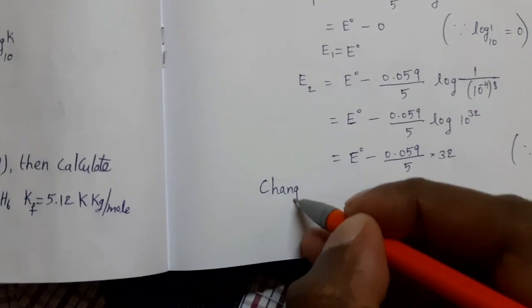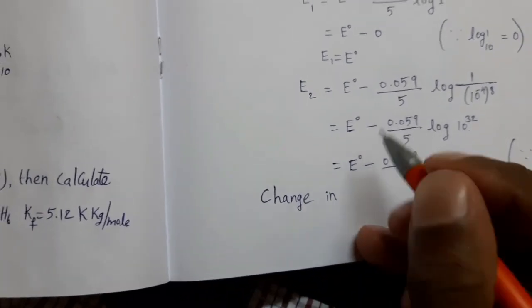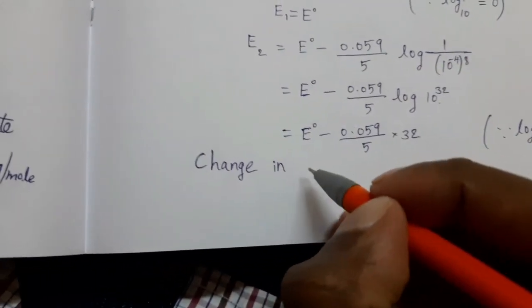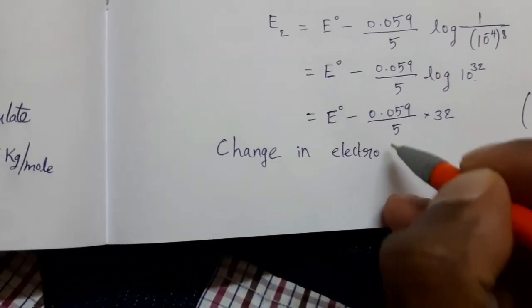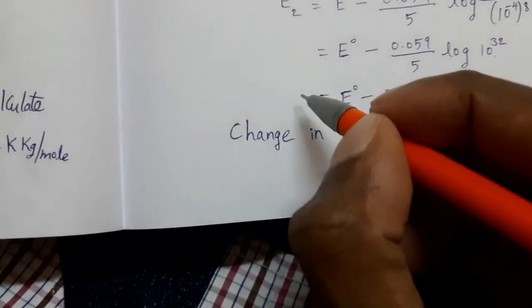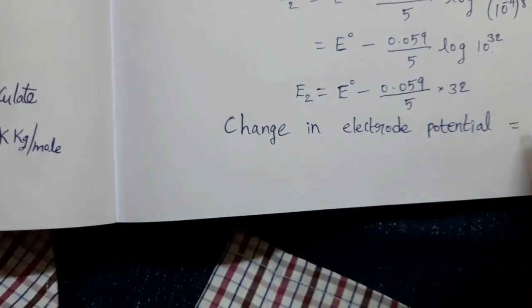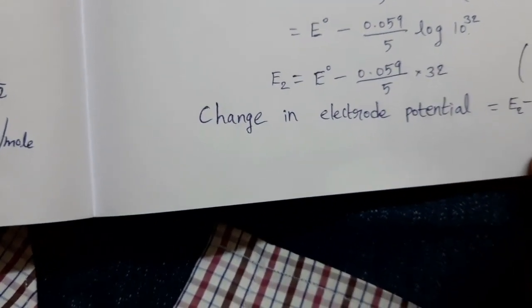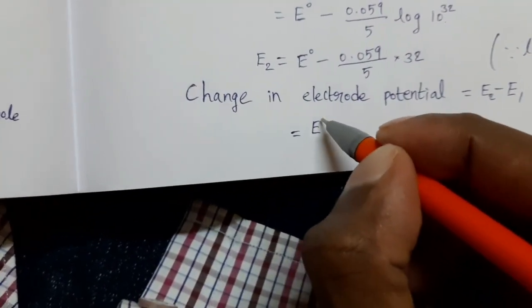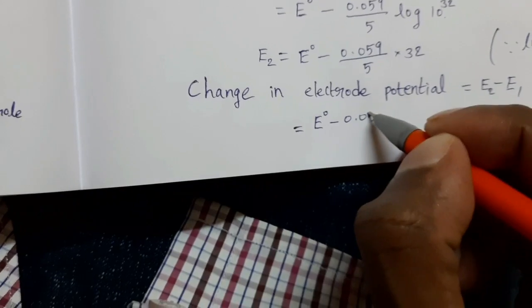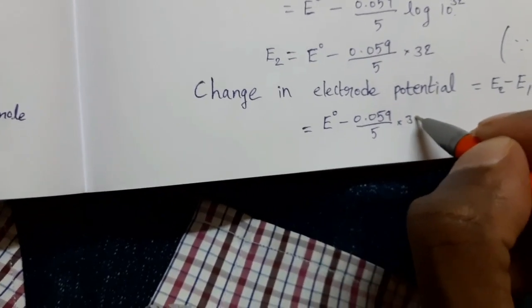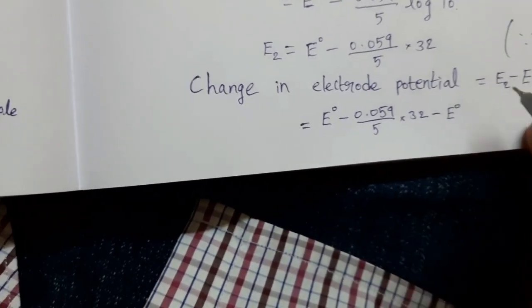Now change in electrode potential. See this, change in electrode potential. This is E2, so that is E2 minus E1. E2 means E naught minus 0.059 by 5 into 32, minus E naught.